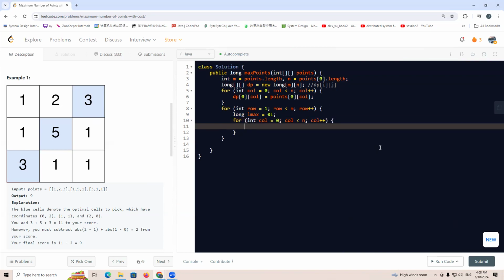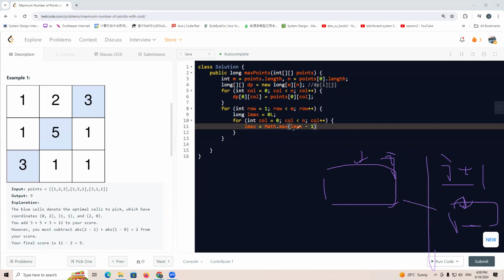Then we are going to have left max equals Math.max of left max minus 1, right? Because if we go from column j to j plus 1, we should have the difference, at least another difference here, right? So we should have left max minus 1 here.